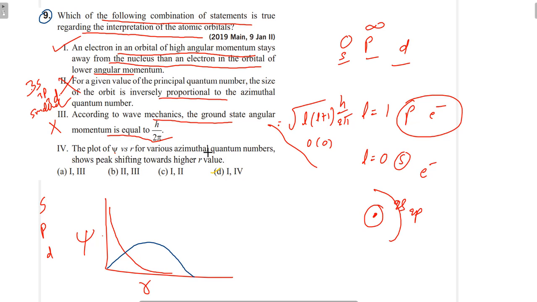Various azimuthal quantum numbers, right? l equals 0, l equals 1, l equals 2 like this. Then the d orbital will come like this. The plot psi versus r for various azimuthal quantum numbers shows peak shifting towards higher r value. Yes, the peak is shifting, the highest peak is here, this highest peak is here. It is going away from the center. So this is also true. 1 and 4, these both statements are true.